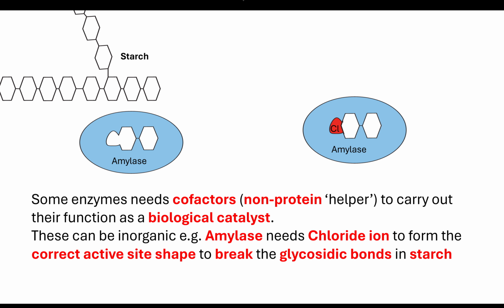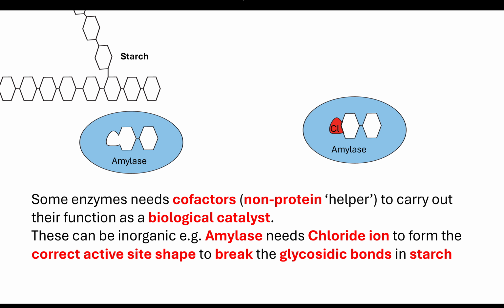So in the case of amylase, amylase is an enzyme that breaks down saccharides, in this case, the polysaccharide starch. So amylase is going to hydrolyze starch down into maltose. Well, what the amylase is going to do is the amylase needs first an inorganic cofactor in the case of chloride ions.